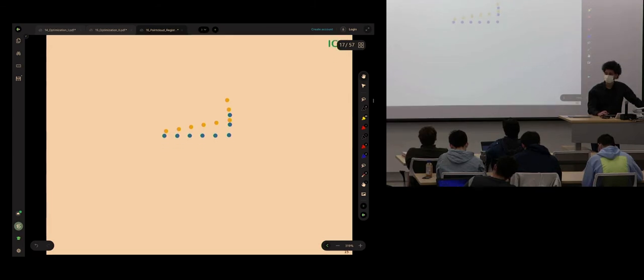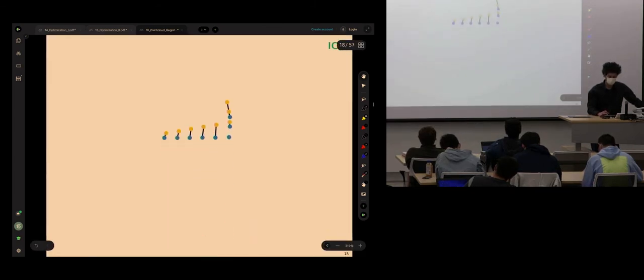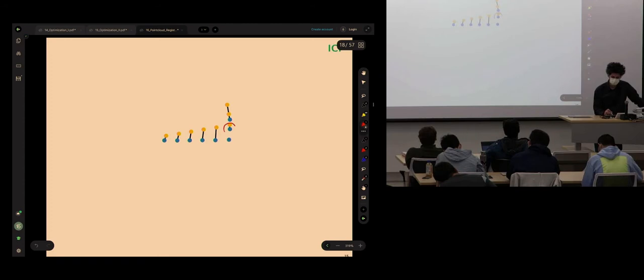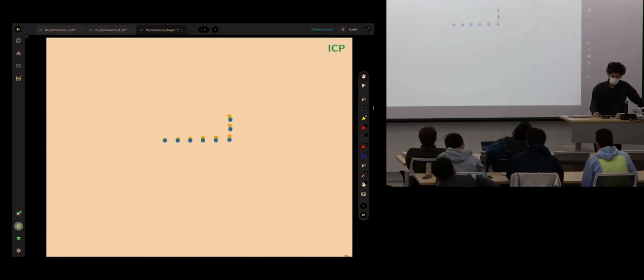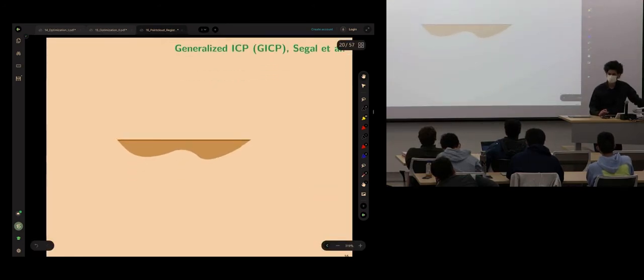After solving the transformation, we move the source point cloud. Then we solve for the association again. This time, maybe these two are getting matched, and the other two are getting matched to a single point again. We move, and you can guess the rest.